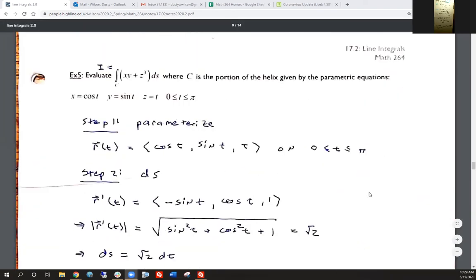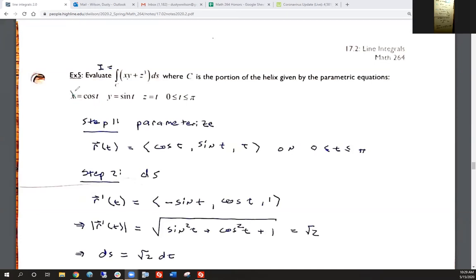Okay, this next example is not exciting. There's just one new bit here that I want to point out. Specifically, now you have an X and a Y and a Z. In this particular case, the parameterization was given, and so step one is pretty easy. It's done for you.